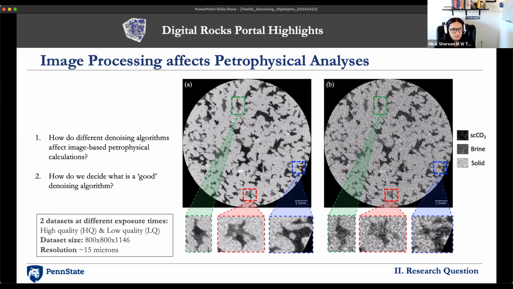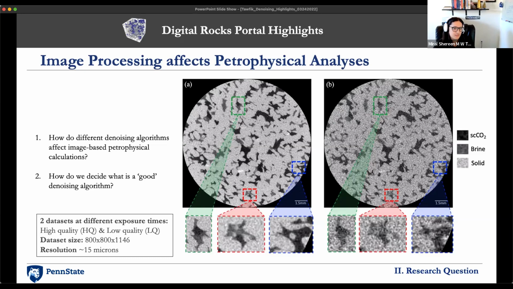So some of the questions that we try to answer in this study are: how will different denoising algorithms affect image-based petrophysical calculations? Is there one superior denoising algorithm that can be used for all petrophysical characterization? And how do we decide what is a good denoising algorithm? What kinds of metrics do we use to evaluate a denoising algorithm?